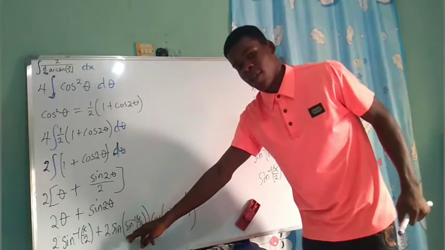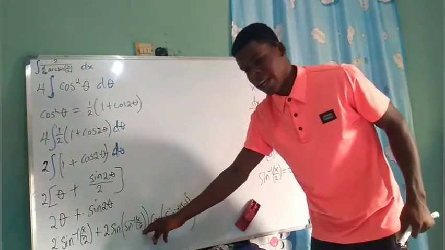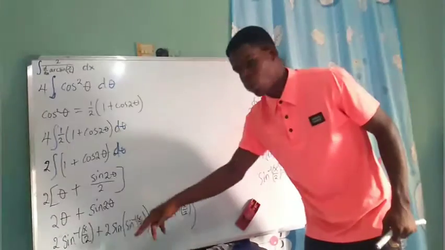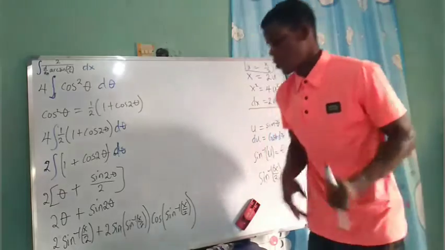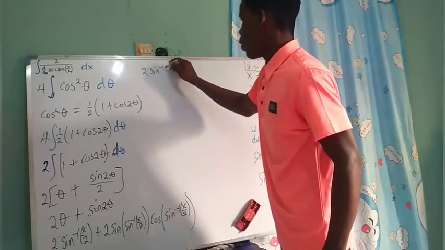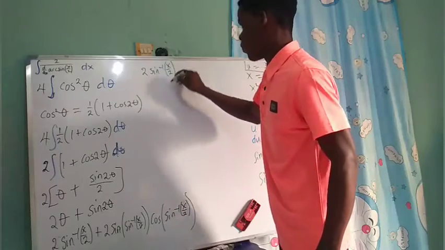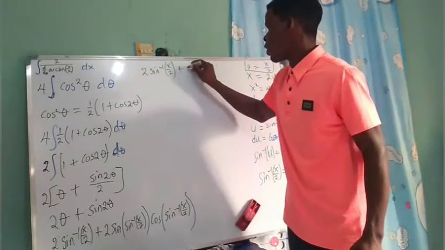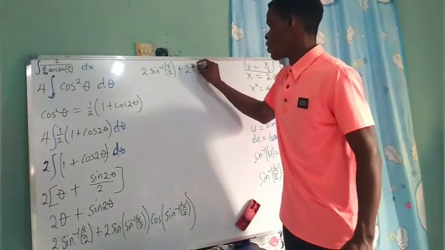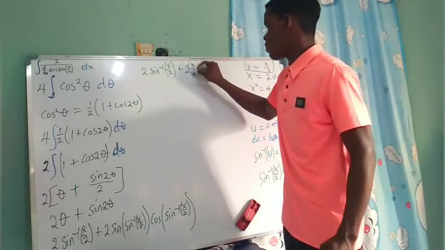Now observe here that sine inverse of a value is giving us an angle, and sine of that angle will give us the value back. So we have 2 sine inverse of x over 2 plus, like I said, 2 times sine of sine inverse of x over 2, which is x over 2. Very nice.